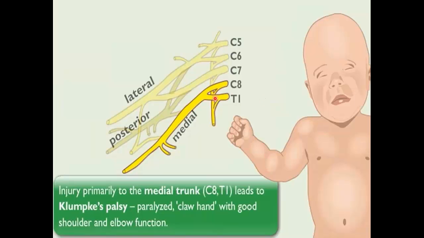This is the difference between Erb's palsy and Klumpke's palsy. This is also a recall question. You should memorize these: C8 and T1 for Klumpke's palsy, and C5, 6, 7 for Erb's palsy.